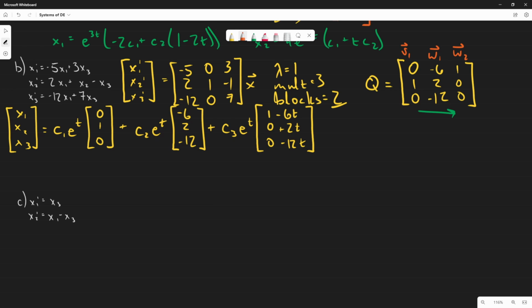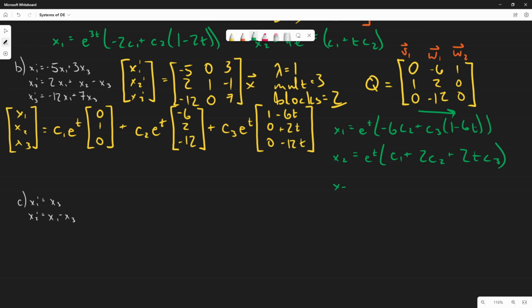Or another way of writing this is having x1 equaling c1 e to the t, that's 0, c2, so negative, well, factor out the e^t multiplied by -6c2 plus c3 times 1 minus 6t. x2 is going to be equaling e to the t multiplied by c1 plus 2c2 plus c3 multiplied by 2t c3.